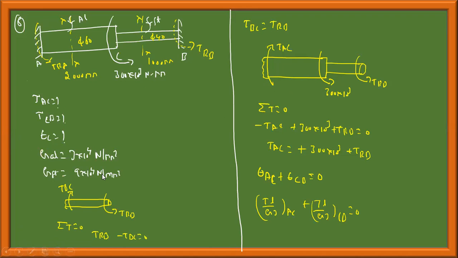These are all in the counterclockwise direction along the length of the shaft, all positive torques. Therefore, 300 into 10 power 3 plus this thing should be equal to 0.